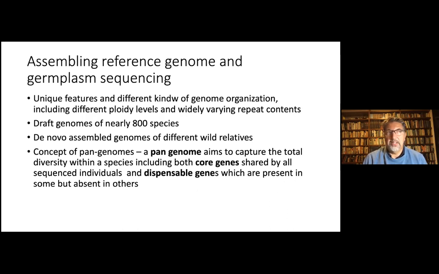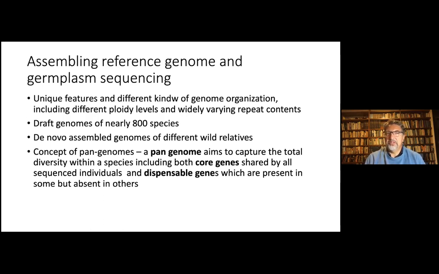Because in the late 90s or early 2000, we thought that if we have a reference genome, we will be able to make improvements based on that reference genome. So rice would be a reference genome for rice and also for other grasses, wheat, maize.